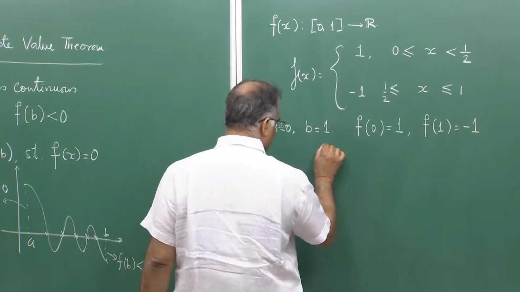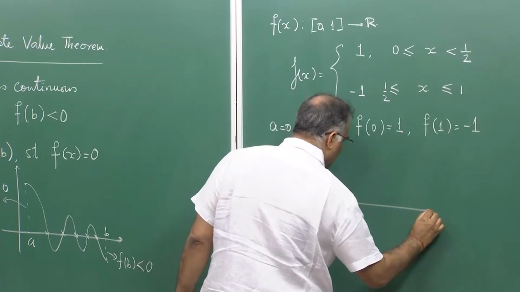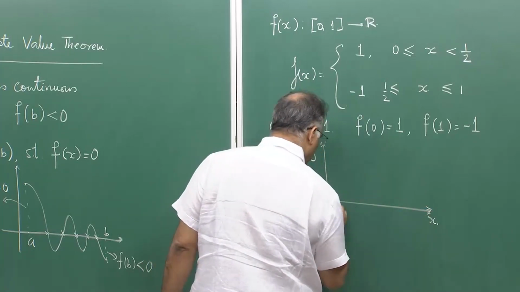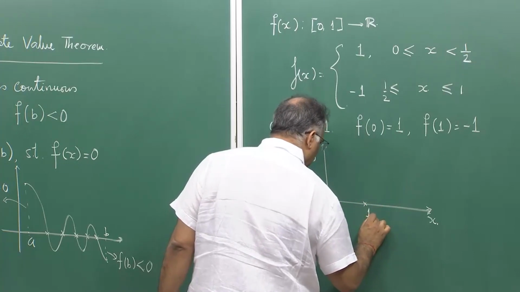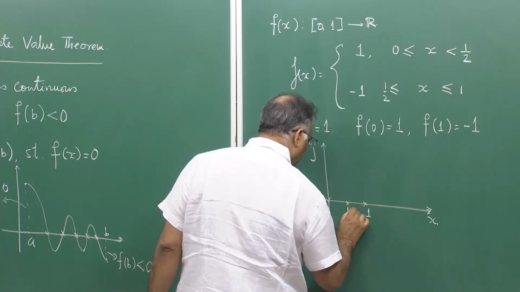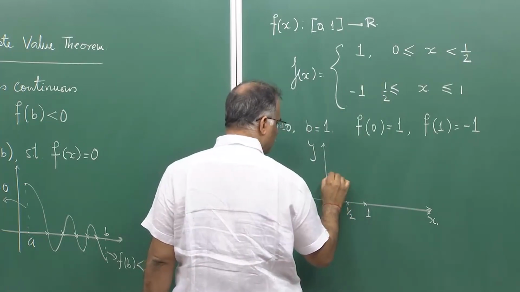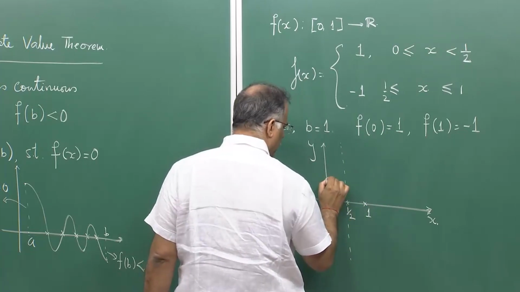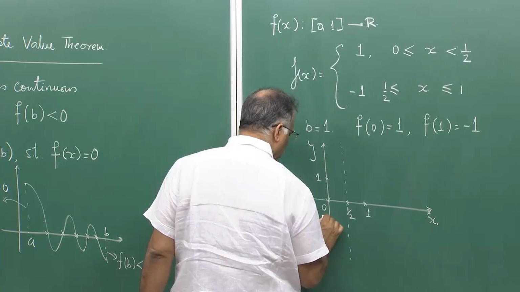Why hasn't it? It is simply because in this line 0 to 1, this is the point half. So, up to half the value, this is the demarcating point, here the value was 1 and this is minus 1.